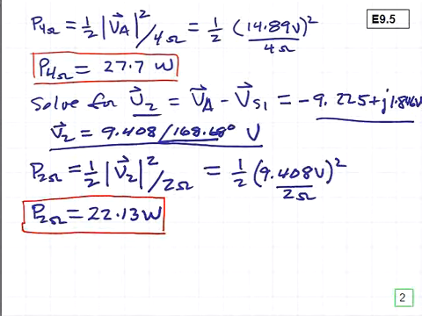For the other passive element in the circuit, the inductor, if it's an ideal inductor, the power dissipated in that element will be 0. So P sub L will equal 0 for average power dissipation.